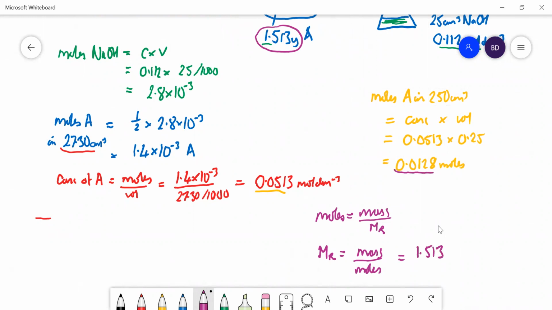And then the moles we've worked out is this, 0.0128. And if you work that out, that gives you 117.97. Okay, that to 3 significant figures is 118.